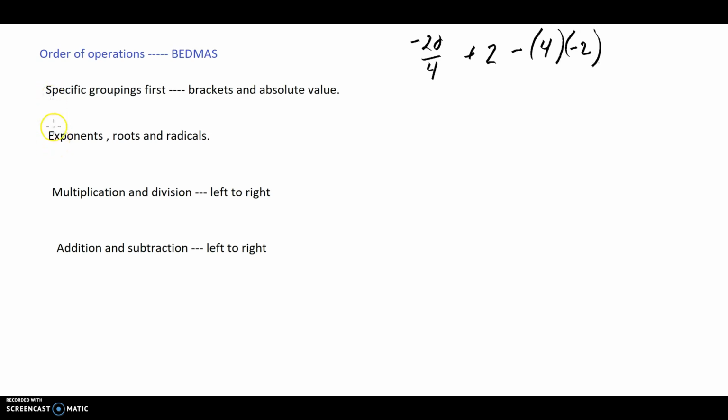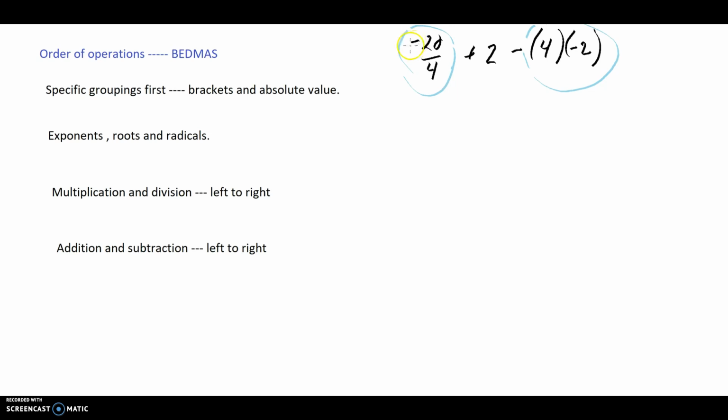But we do have multiplication and division and addition and subtraction, so we should do them in the correct order. I should take care of any multiplication and division first. We have a division there, we have a multiplication there. So we should do those two first.